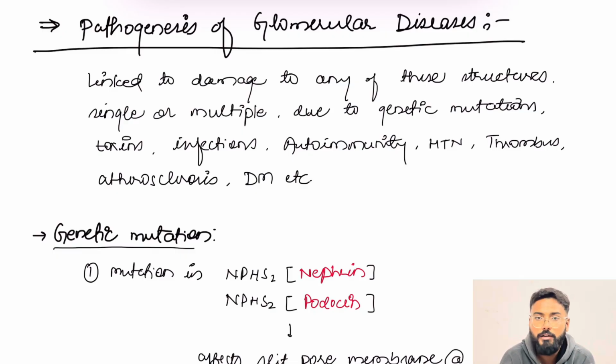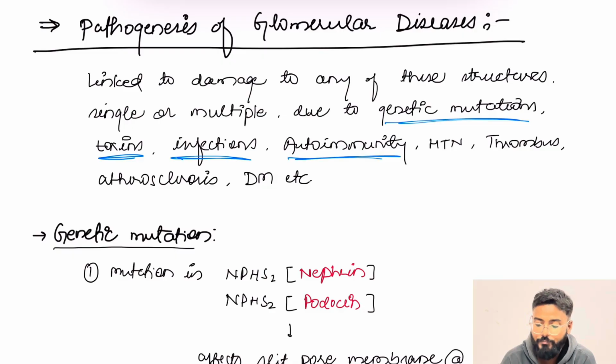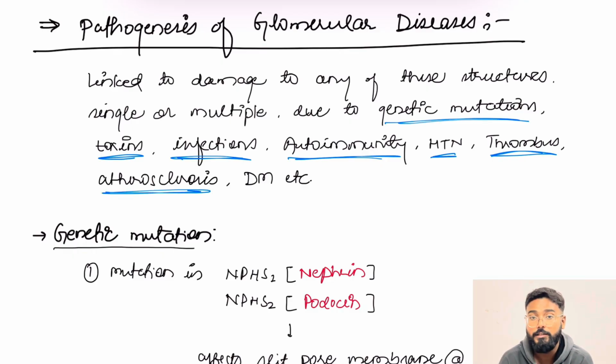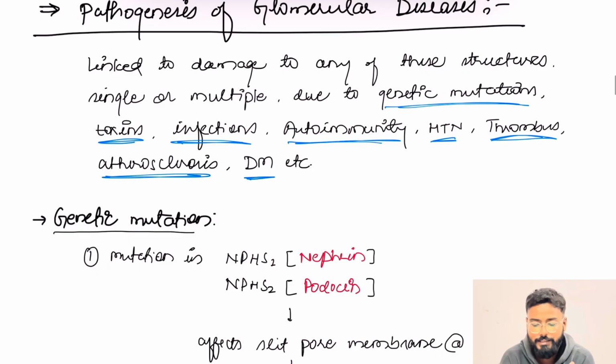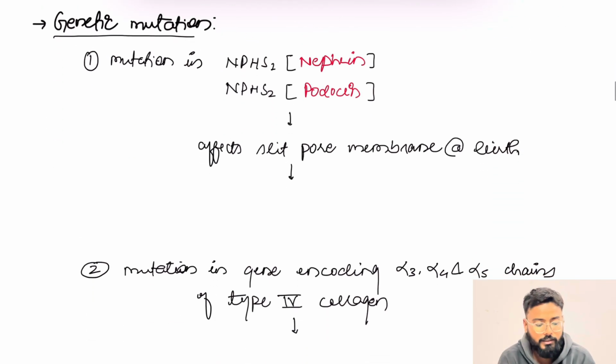So it could be due to genetic mutation, some toxin, any infection, any autoimmunity, hypertension, buildup of thrombus, atherosclerosis of the arterioles, all the vascularity, and diabetes mellitus, and some other factors. Now we will see some of them, starting with the genetic mutations.